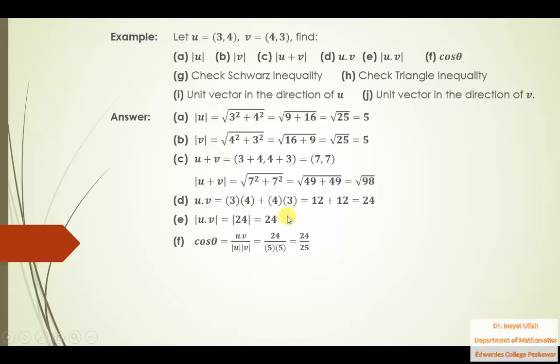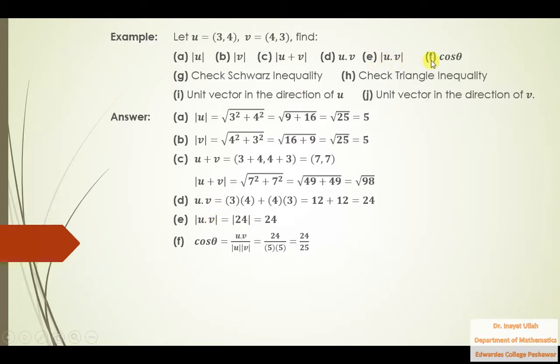Or you may write this as square root of 24 squared, which is actually the same 24. The magnitude of a real number is a positive real number. If this were negative, then the magnitude of minus 24 would be plus 24. Remember that. So that is the magnitude of u dot v.